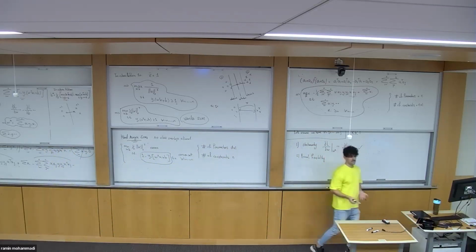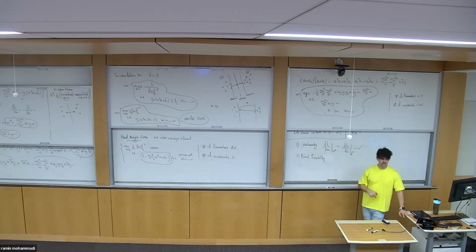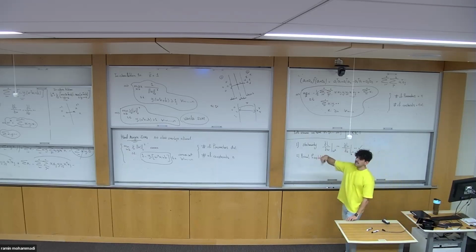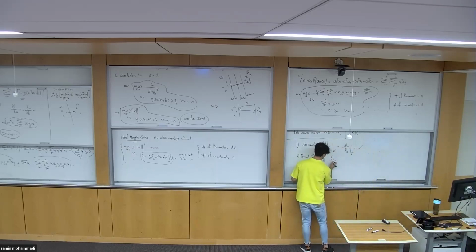Two was primal feasibility. Primal feasibility tells you that if you take a derivative of the Lagrangian with respect to the Lagrange multipliers, if it's an equality, it should be equal to 0, if it's an inequality, it should be less than or equal to 0. So here we had inequality constraints, right? So that means the derivative of L with respect to alpha i should be less than or equal to 0.